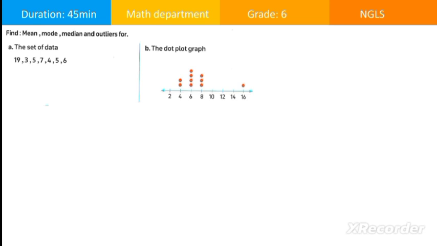And what is the mean? The mean is the sum of values over the number of values. So the sum is 19 plus 3 plus 5 plus 7 plus 4 plus 5 plus 6 equals 49, over 7 equals 7.